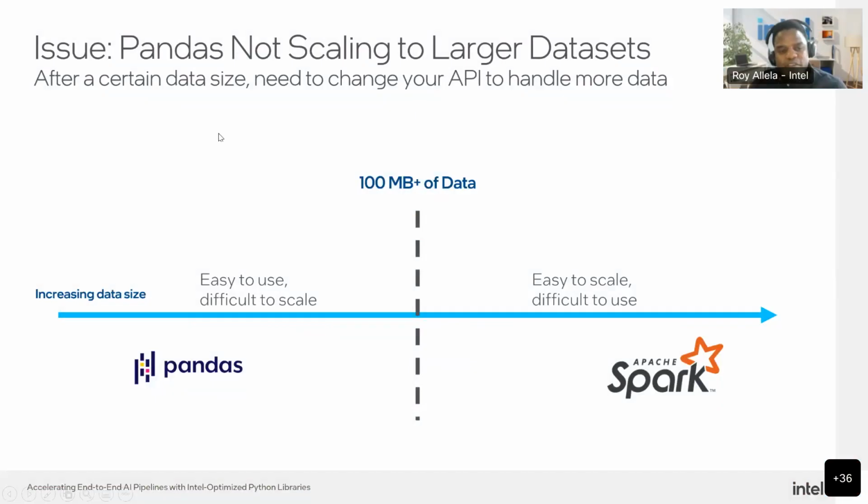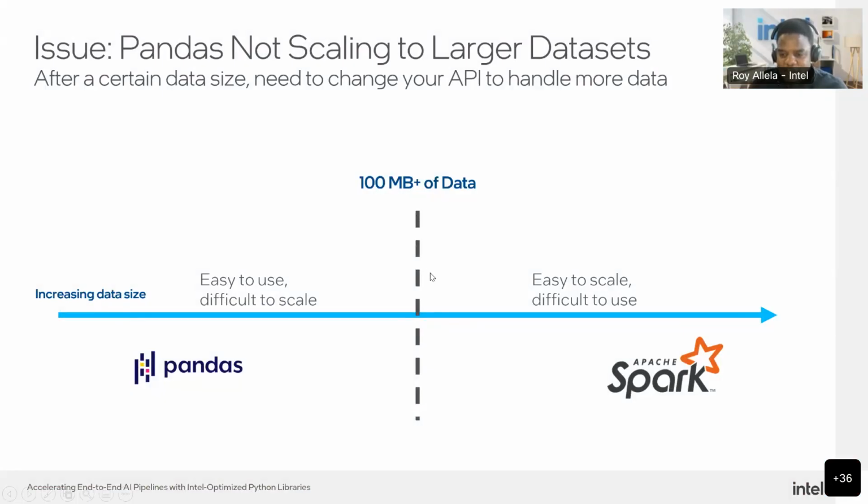The issue that we see here is Pandas does not scale efficiently to larger data sets. Here we see that as the data size increases up to a threshold of around 100 MB of data, Pandas is easy to use and provides good scalability.